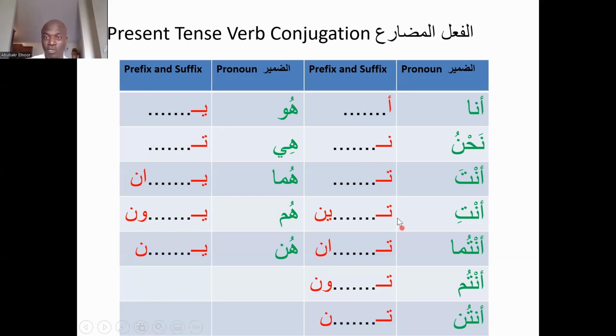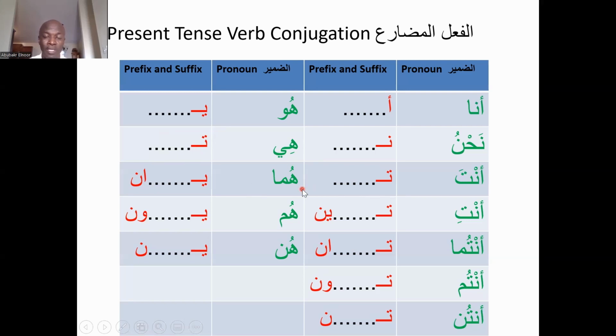The ta belongs to the group of the ta prefix, but here is only the exception. As you can see here, say she writes or she studies. Here tadrus with the ta, and anta tadrus, the same thing. So the conjugation for you masculine singular and she singular feminine is the same. See, ta, same. There is no difference.